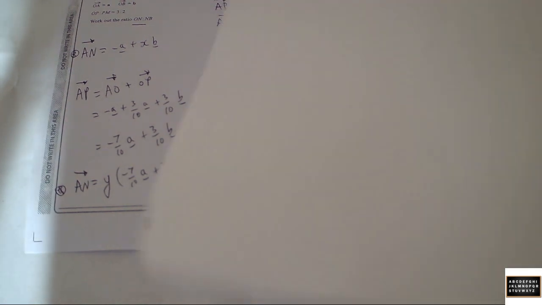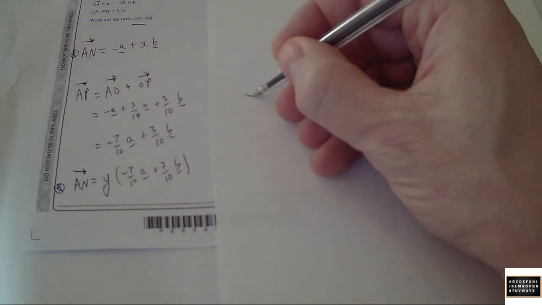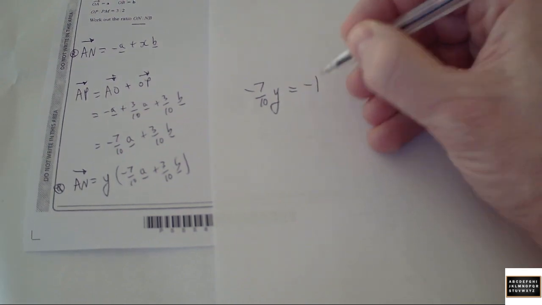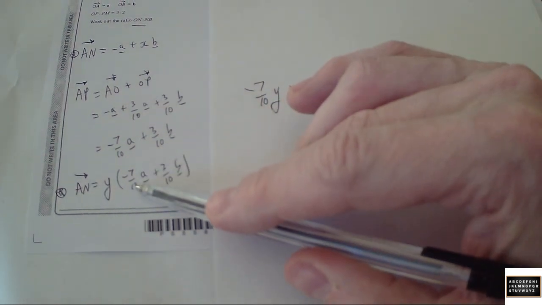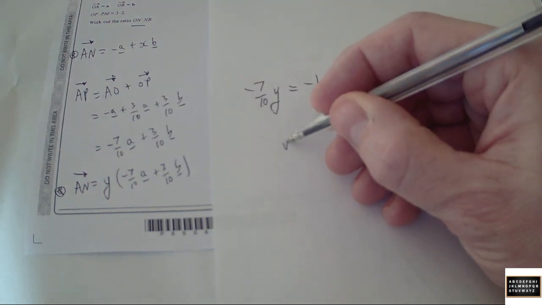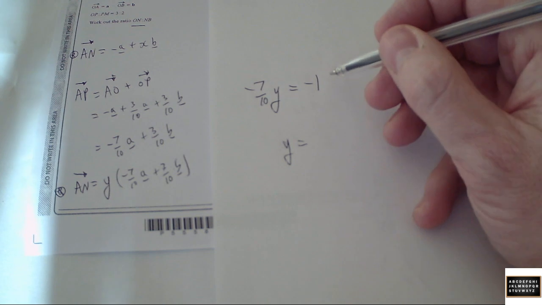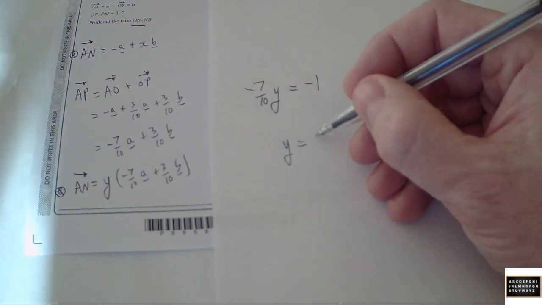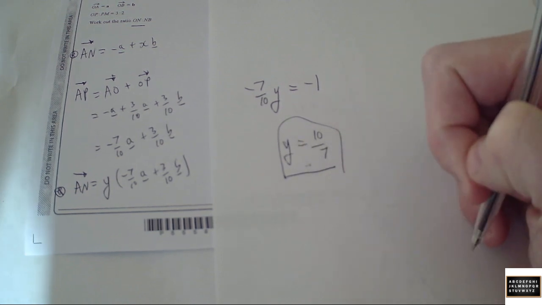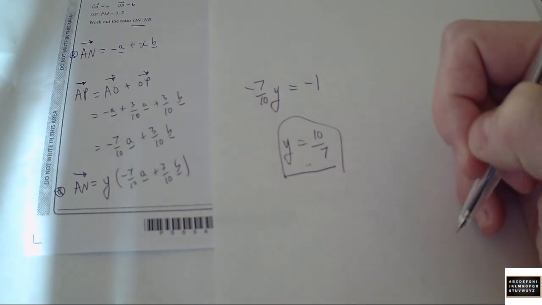We know that minus 7/10 y equals minus 1, because the coefficient of a here must be the coefficient of a there. That means y is minus 1 divided by minus 7/10, which is 10 over 7. So we found our y. That's quite an important fact.